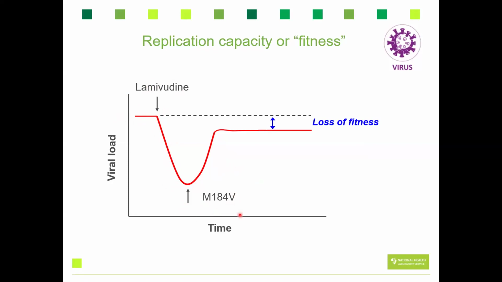But because this is a crippling virus, even though the viral load goes back up, it never reaches the initial baseline viral load. The difference between the baseline viral load and the viral load over here is your loss of fitness. And this is exactly, as I explained, why we want to maintain M184V by recycling 3TC or FTC, so that we have a loss of fitness in the viral population, so that it's easier for the other drugs to actually start from a lower baseline to then finally suppress the viral replication.